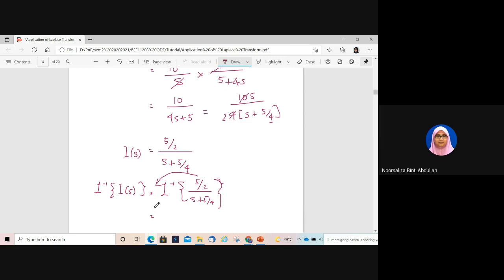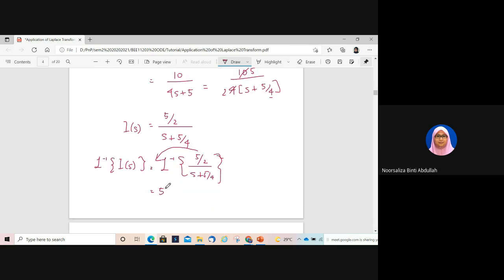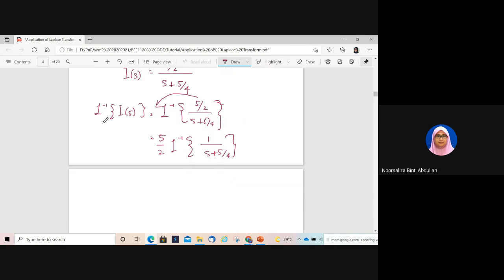So you have here 5/2, and then you find the inverse for 1/(s plus 5/4). And we know that the inverse for I(s) is I(t). So I(t) equals 5/2.